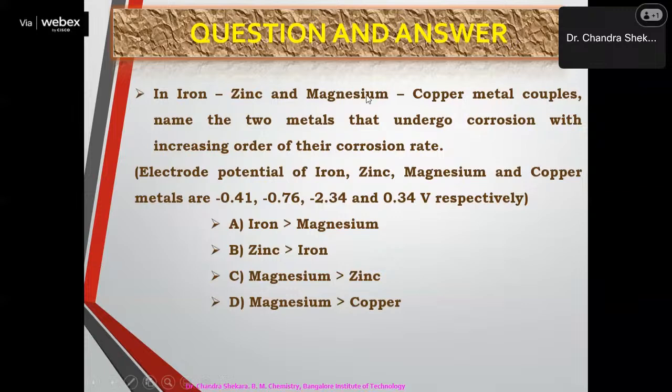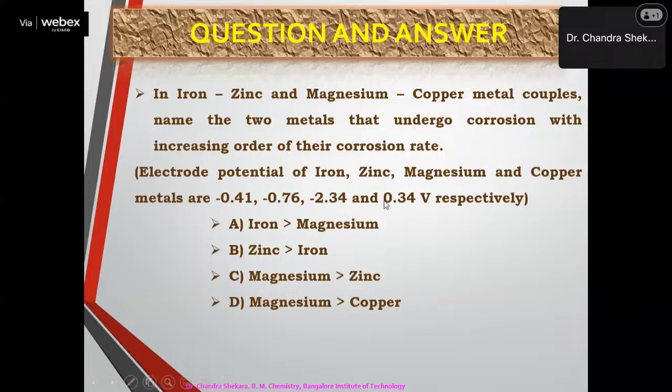Now, the rate of corrosion. Rate of corrosion depends upon the difference in potential between two metals. In the iron and zinc metal, you can see the difference in potential is only 0.35 volts. Therefore, even though zinc undergoes corrosion here, the rate of corrosion of zinc metal is lesser here.